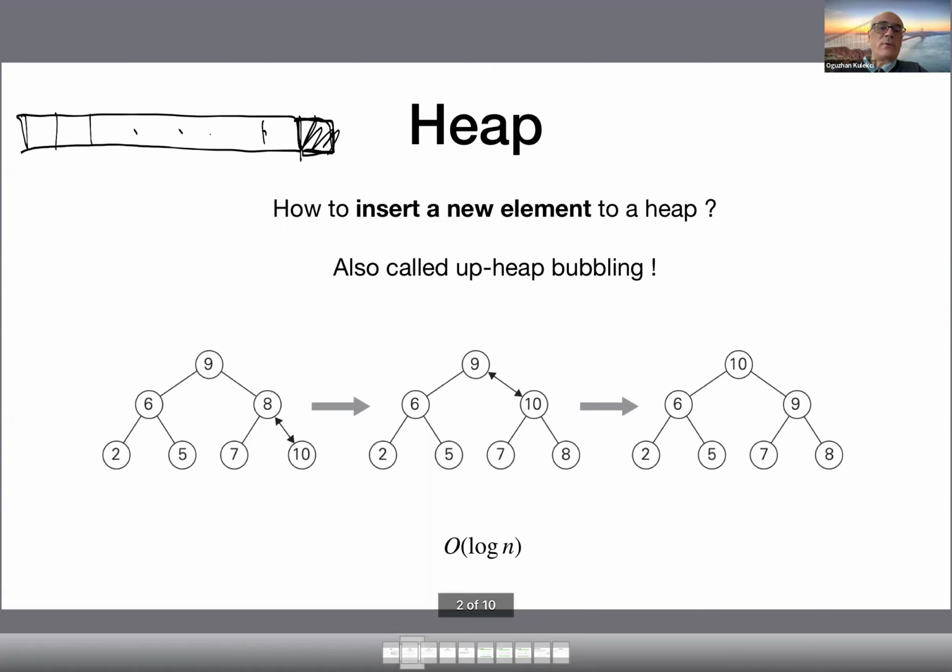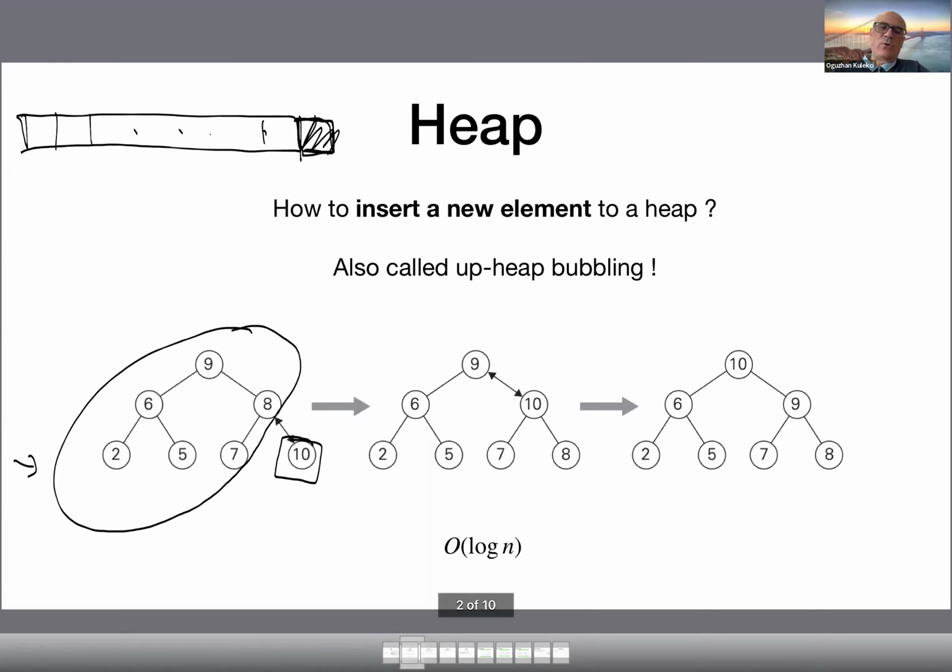Okay. In other words, if this is your current heap data structure, whatever you insert, you will just make it the next leaf node. One question that may come to your mind is, what if the leaf level is all occupied?